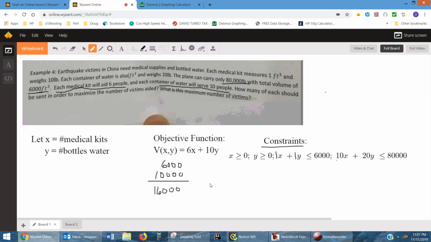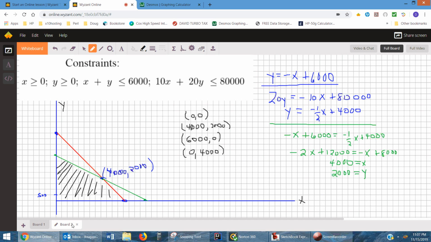So there's our constraints. If I go to board 2, what we're going to do is graph the constraints. I just put the first quadrant up here because x has to be greater than or equal to 0, y has to be greater than or equal to 0. The border for x plus y is less than or equal to 6,000 can be gotten by solving for y, and we have a y-intercept of 6,000. By the way, I have each square counting for 500, so this is the point 1, 2, 3, 4, 5, 6.